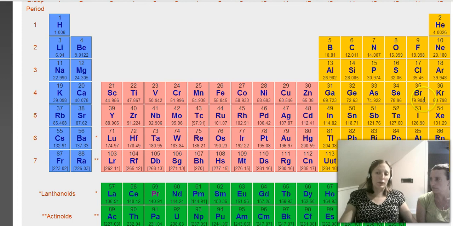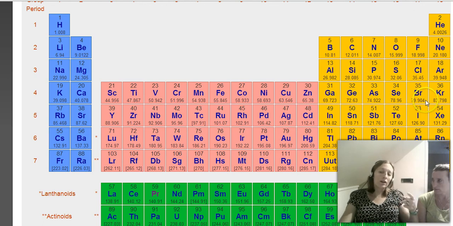Is that going to make him bigger or smaller? Typically when you're talking about, say, bromine versus krypton, krypton is smaller because the extra proton pulls the electrons in. But when you're talking about bromine versus a bromine ion, there's no proton that changes, just the electron.